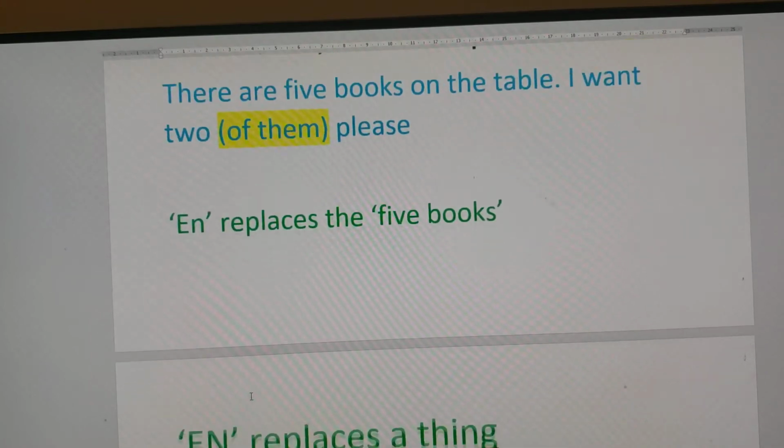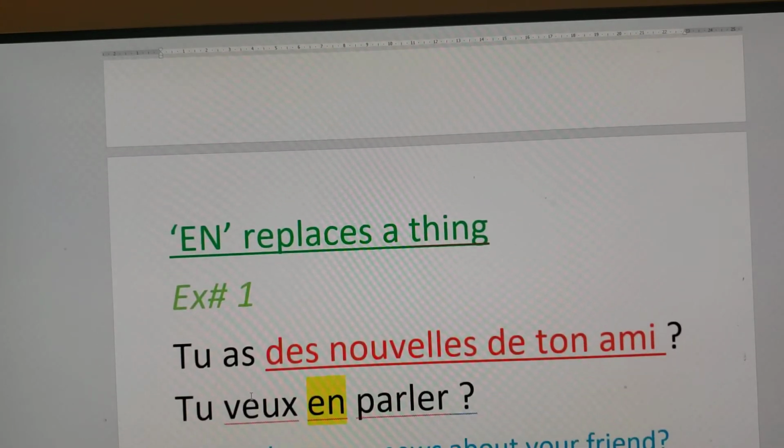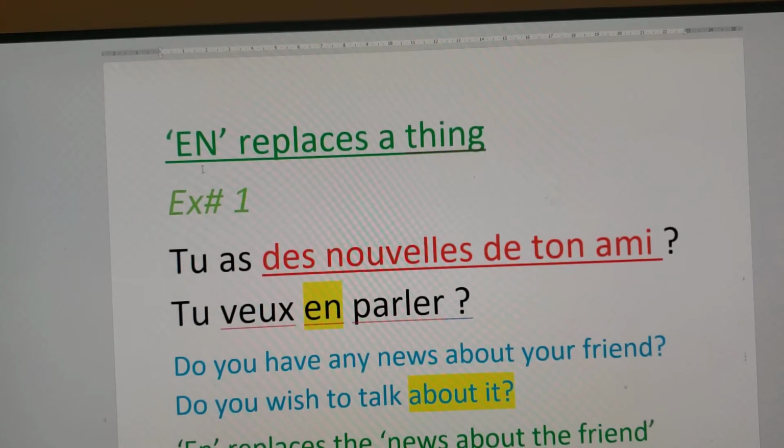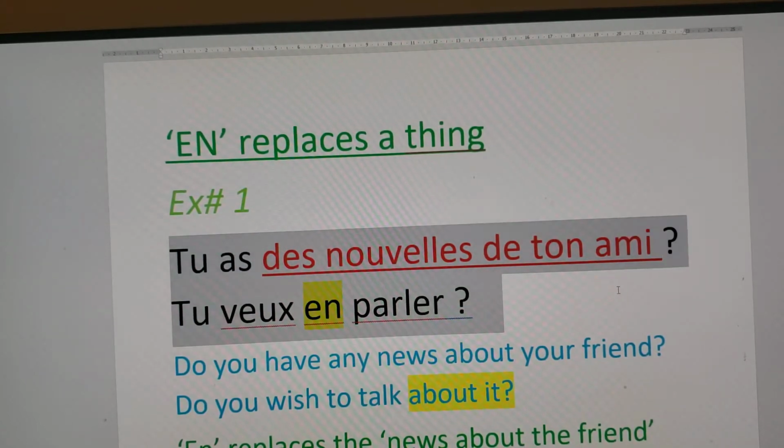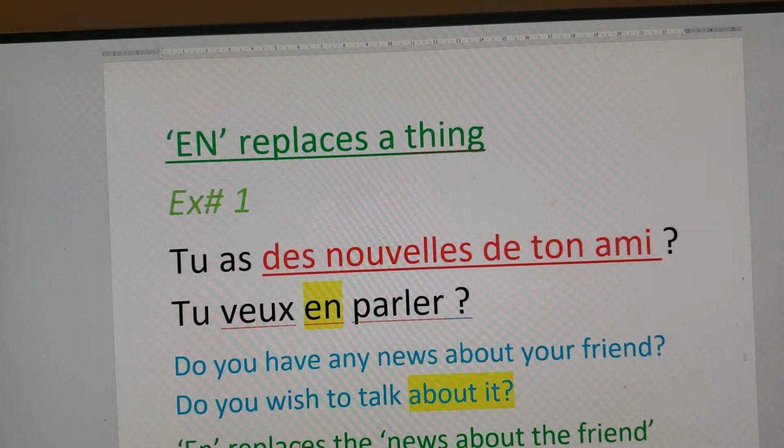So let's go to the second usage, and there are 2 examples in this, in which en replaces a thing. So the first sentence, tu as des nouvelles de ton ami? Tu veux en parler? So you have news about your friend. Do you wish to talk about it? So, tu as des nouvelles de ton ami?